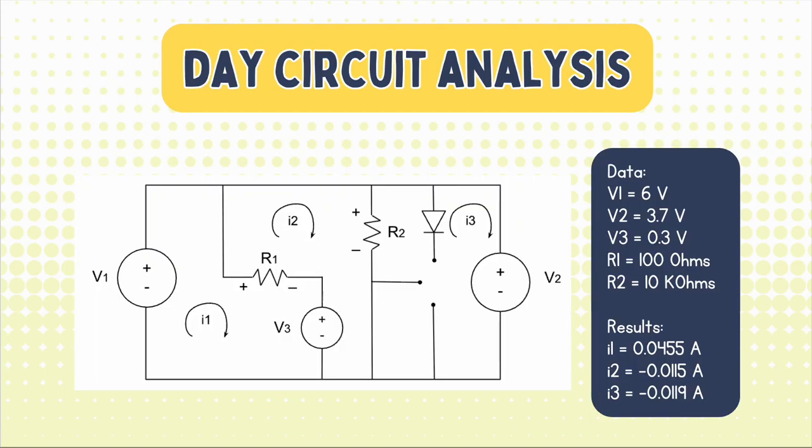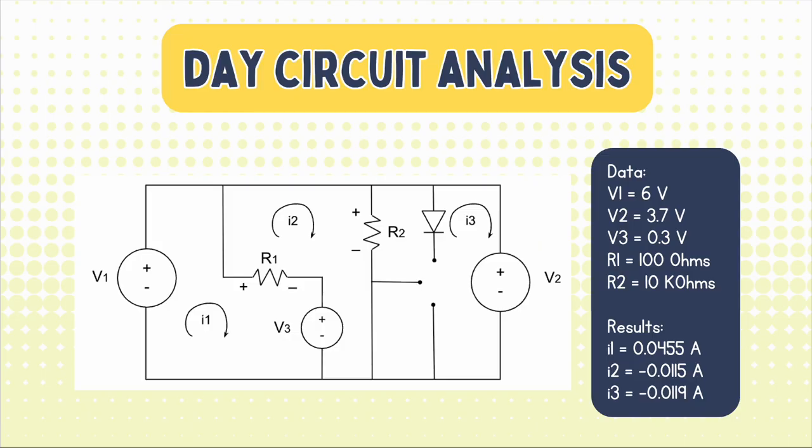We made this model of the circuit during the night, and we had these three meshes. We made the analysis with the mesh analysis method, and the data we used was that the solar cell, which is represented by V1, equals 6 volts.